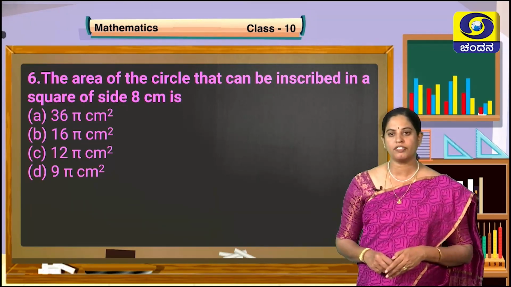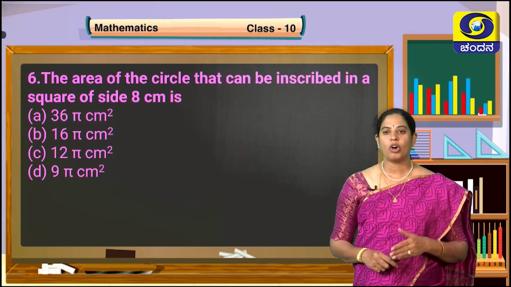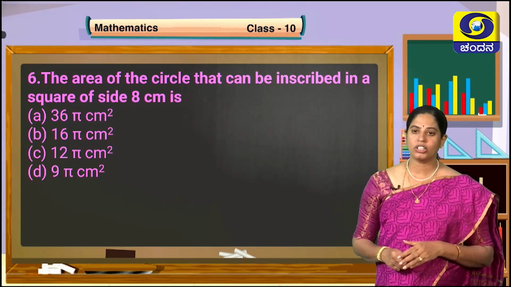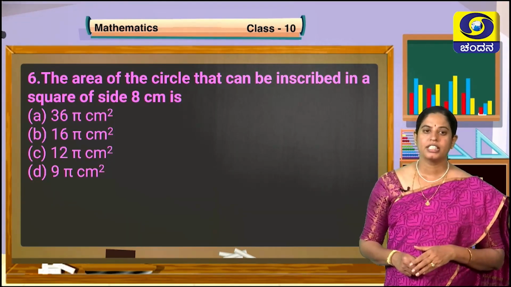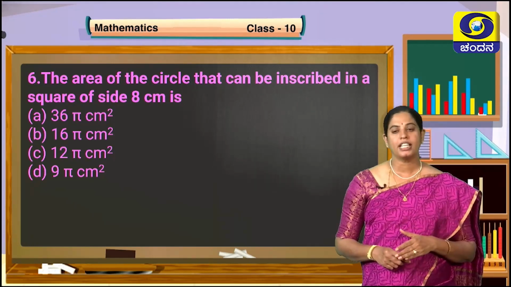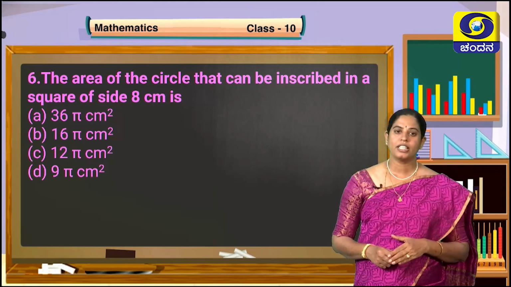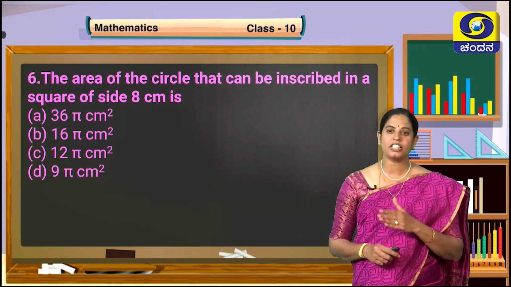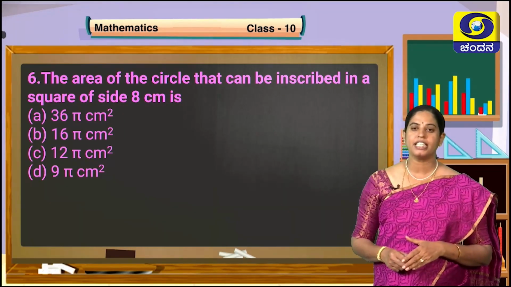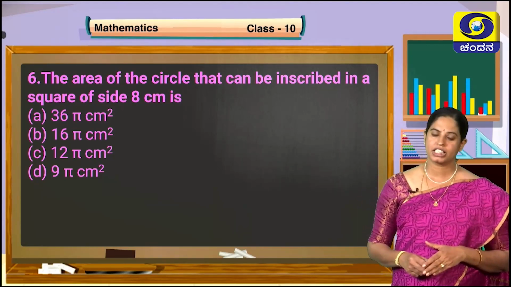Inscribed, you know the meaning of inscribing a polygon in another polygon or in a circle. If the sides of that square touch the circle, or the sides of the square become the tangent of the circle, then we can say the circle is inscribed in a square.